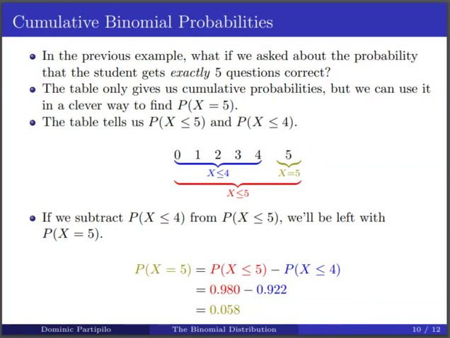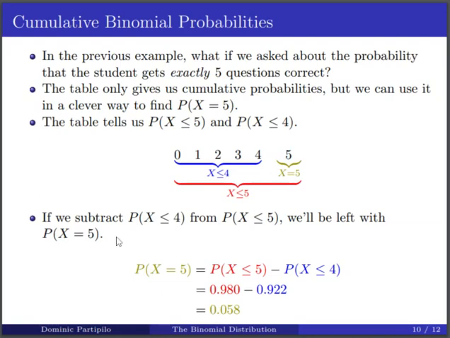What we can do is use two different cumulative probabilities and subtract one from the other. We take this red piece, which was the probability that X is less than or equal to 5, and then subtract off this blue piece, which is the probability that X is less than or equal to 4, and we'll be left with just the probability that X is equal to 5.